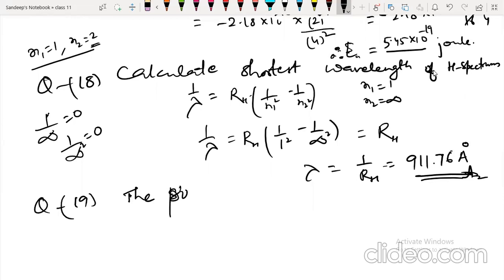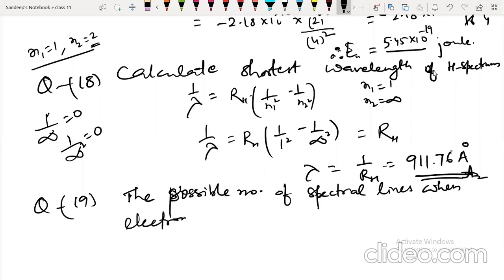The possible number of spectral lines when electrons of the sixth orbit come to their ground state.